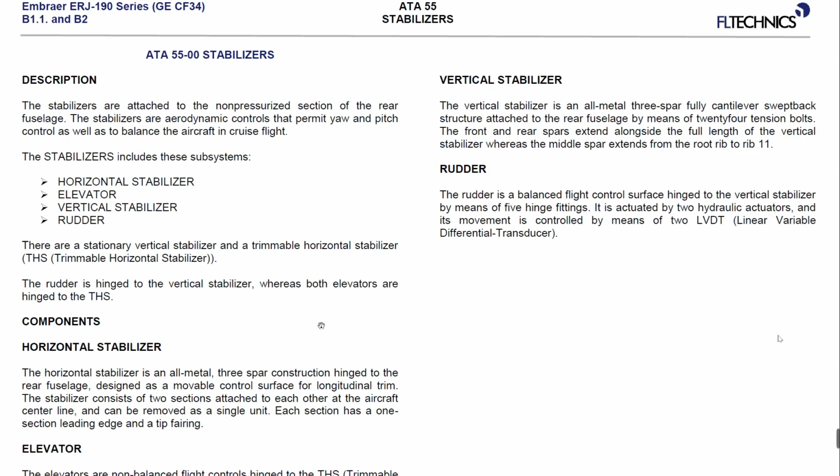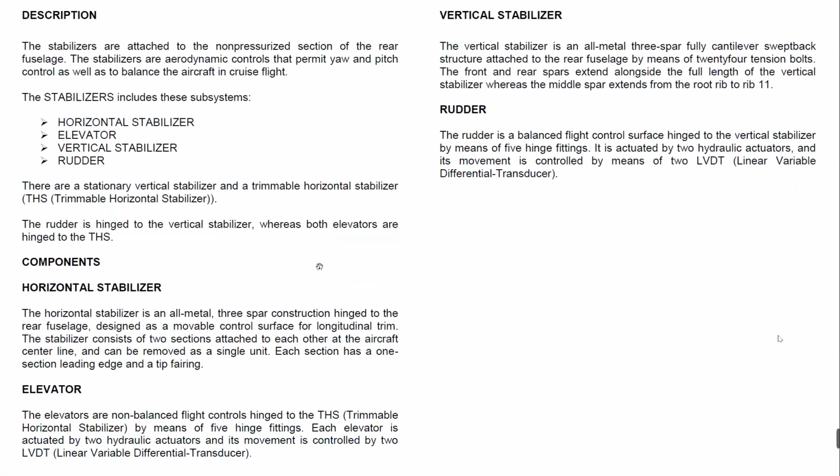The stabilizer is all metal, 3-spar construction hinged to the rear fuselage. It is a movable control surface. We have 2 sections, left and right, which come together inside the THS compartment on the central line, but they can be removed as a single unit.